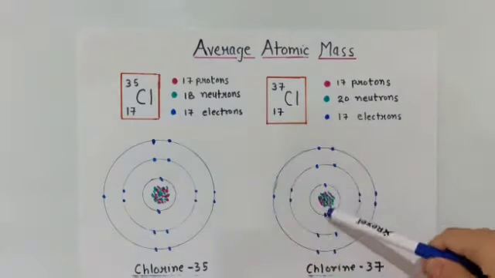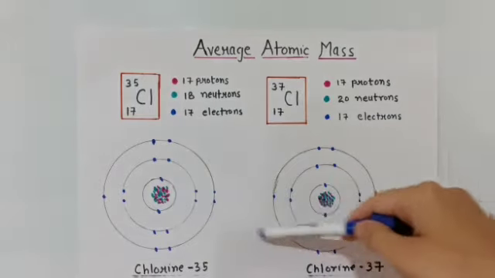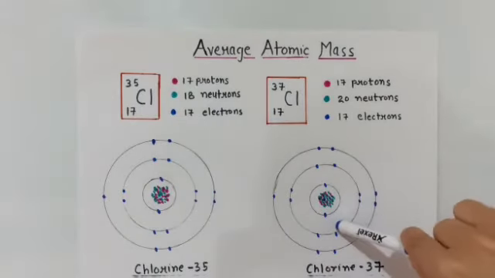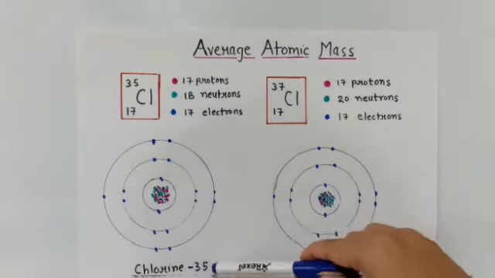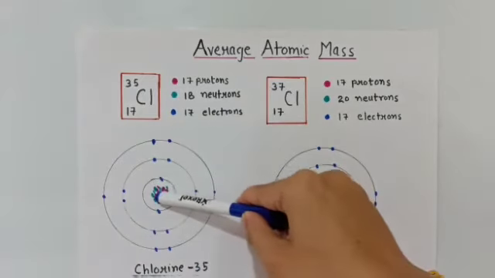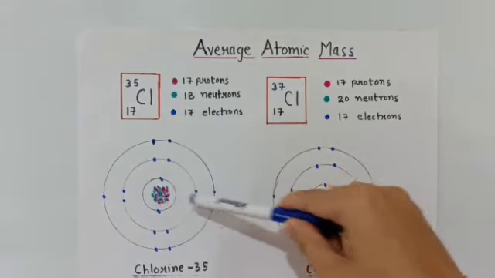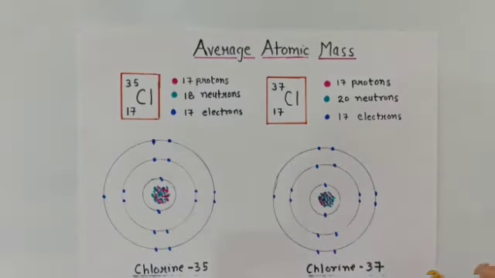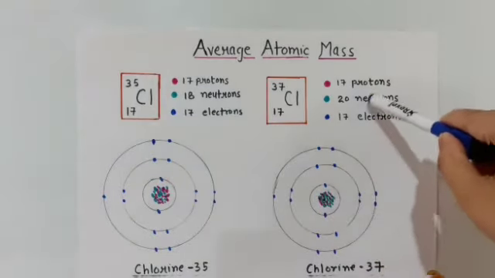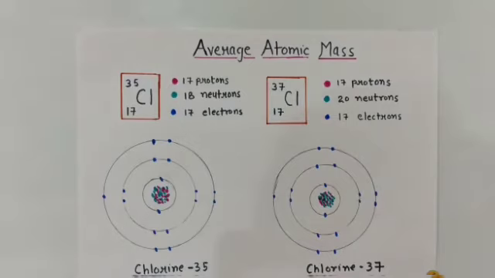This is the orbit-wise representation of the electrons. In chlorine 35, there are 18 neutrons in the nucleus, while in chlorine 37, there are 20 neutrons in the nucleus.